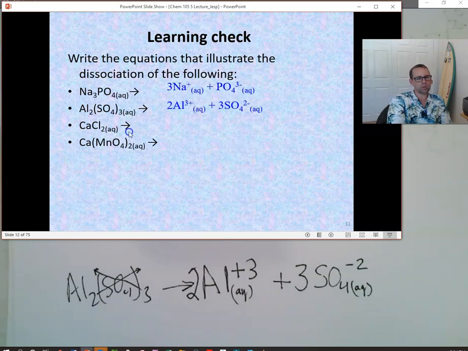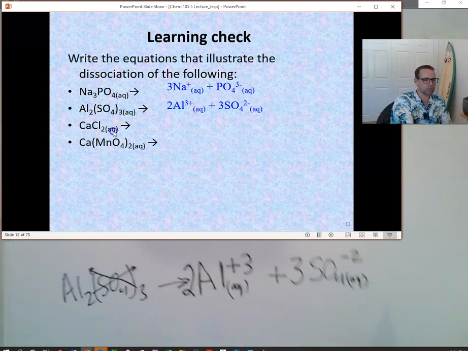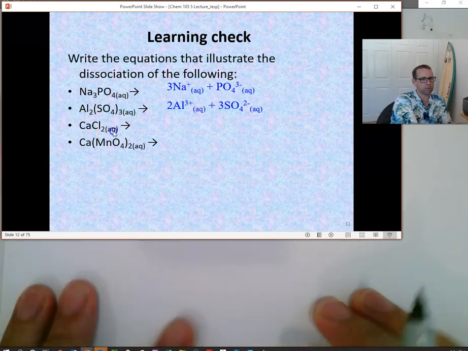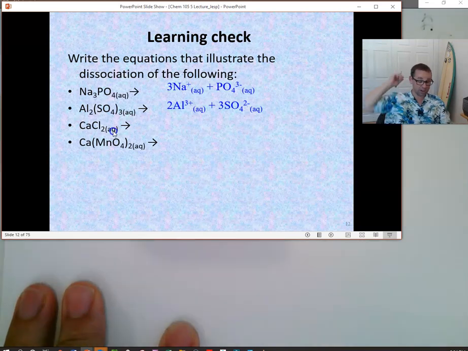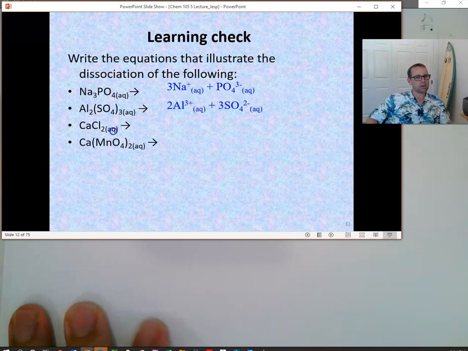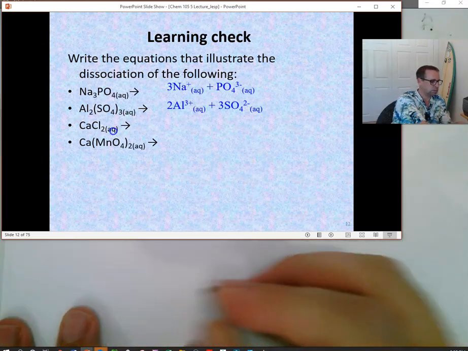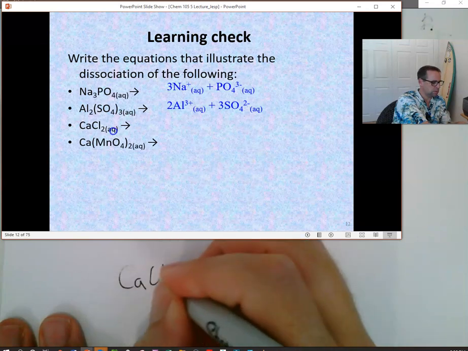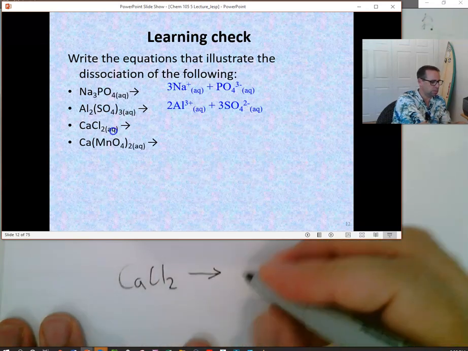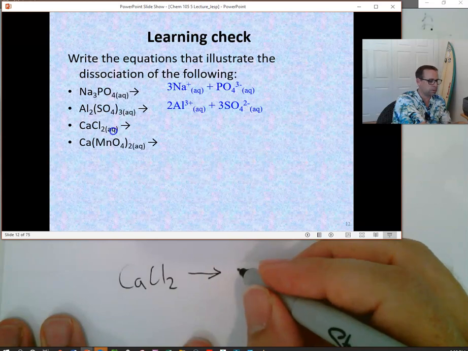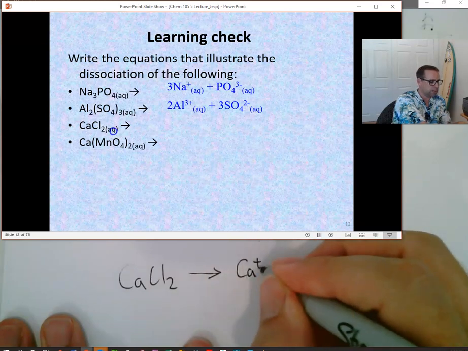Okay, so the next one, CaCl2, what's the name of that compound? Calcium chloride. Very good. Excellent job. All right. What are our ions that are going to result when we put calcium chloride into water? Calcium plus 2.